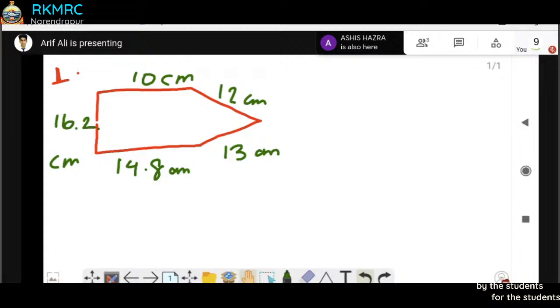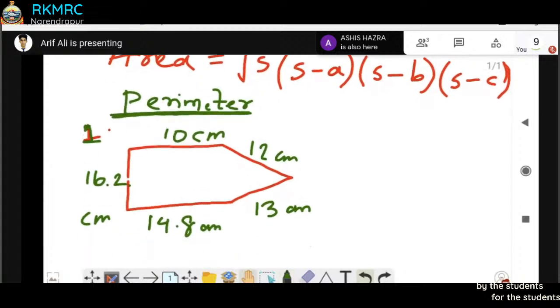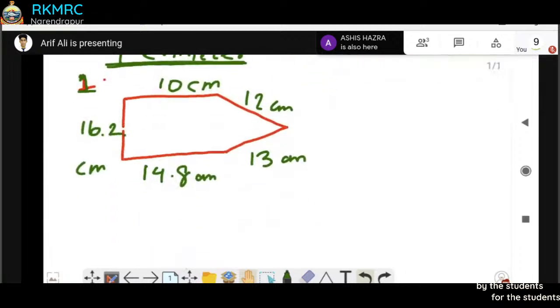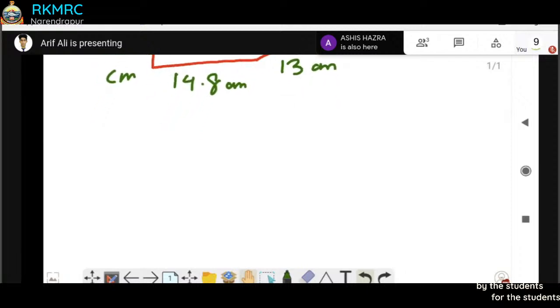So here we are asked to calculate perimeter. So time is very less. Let us calculate this perimeter fast.